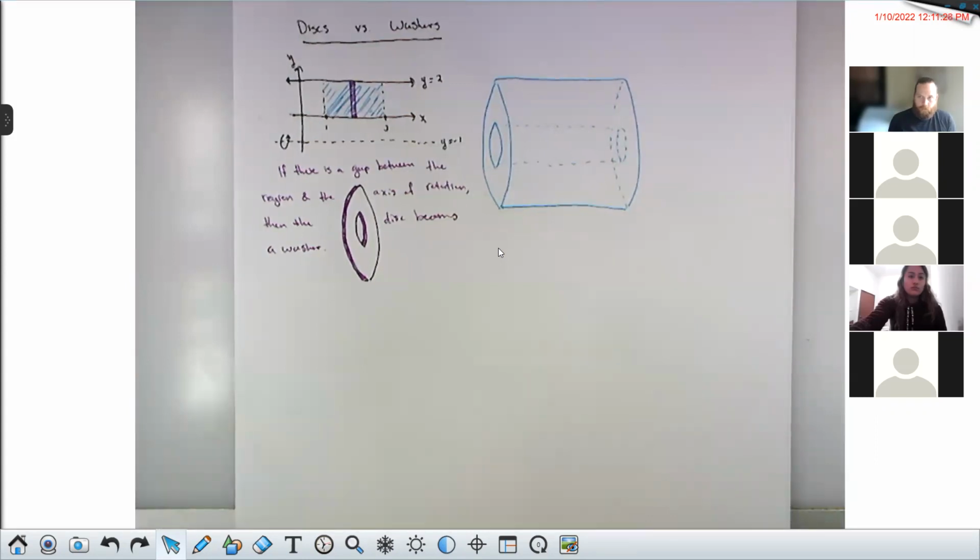You don't get a disk, you get a disk with a hole punched out because the whole solid has a hole punched out. And you can think of this whole big solid here as being a bunch of these disks stacked on top of each other, just like you could with the previous two problems.